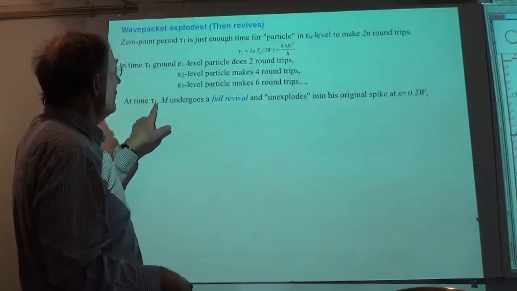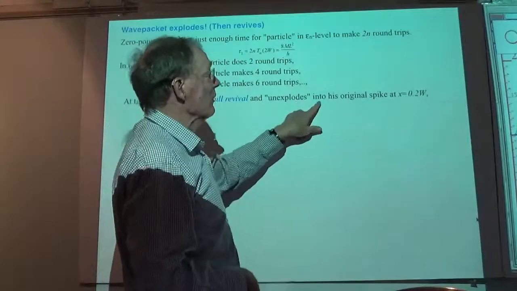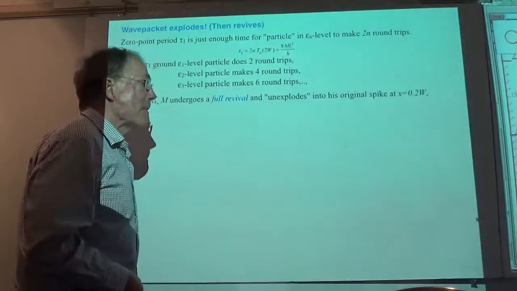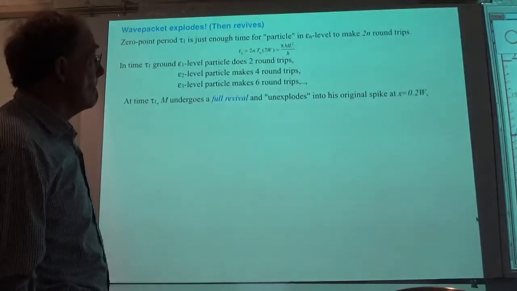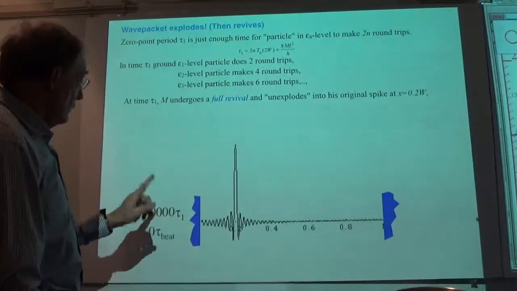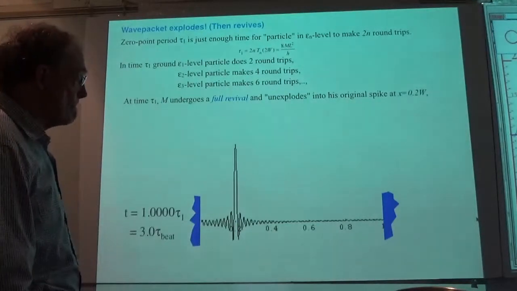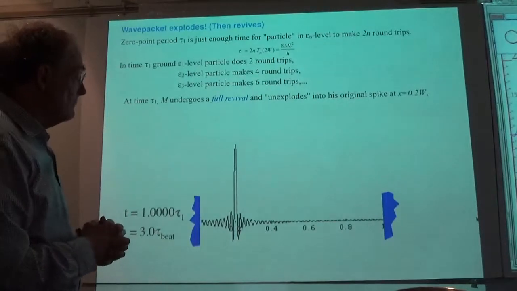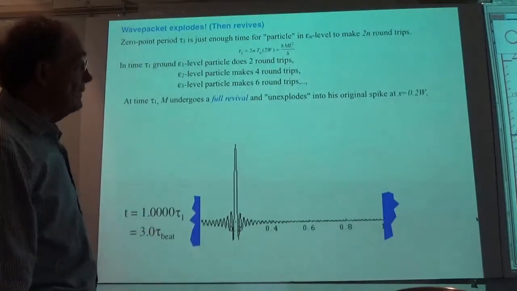So at time T1, the wave packet goes a full revival and unexplodes into its original spike at x equal 0.2 of the width. It returns to what we had initially. Unexplodes. Now we'll see simulations of this shortly, but that's clearly what has to happen.